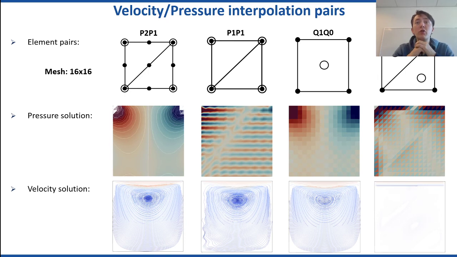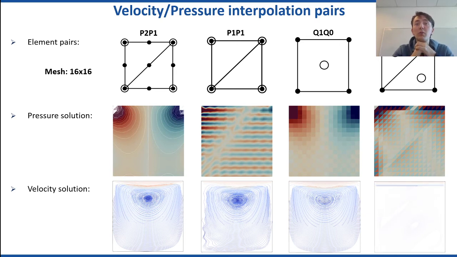And here on the top I have a couple of examples of different types of elements. And again, we'll get back to what these illustrations of elements actually mean. But for now, the point is only that for different choices of these elements, we get very different results, like the ones in the bottom.